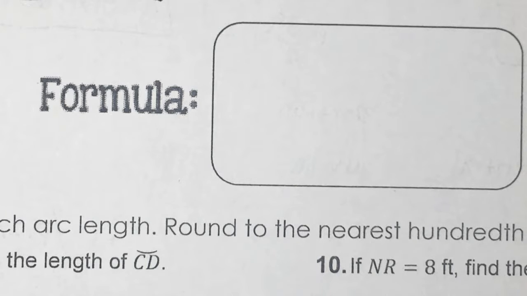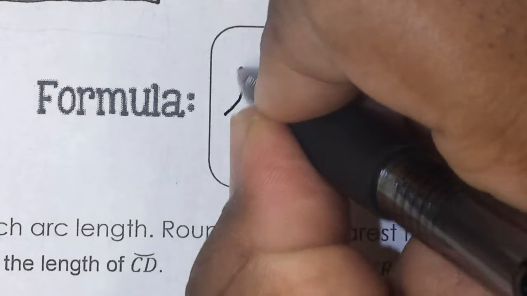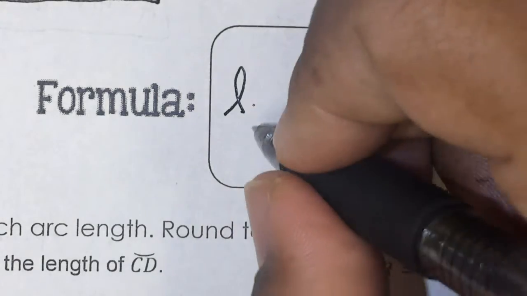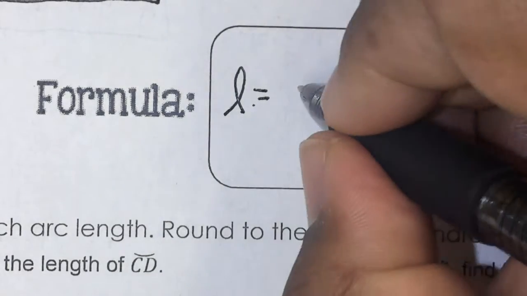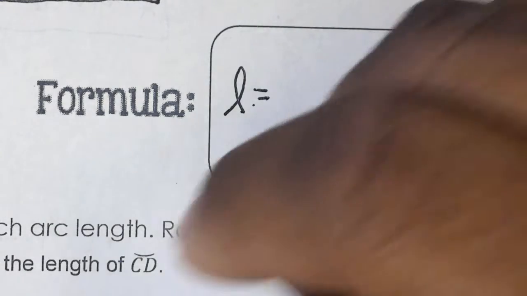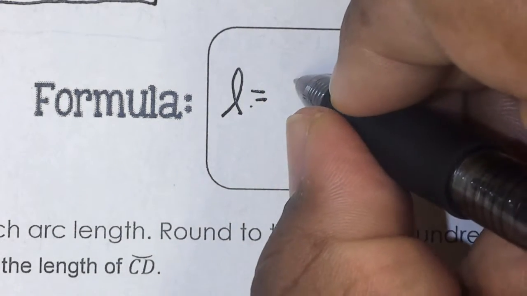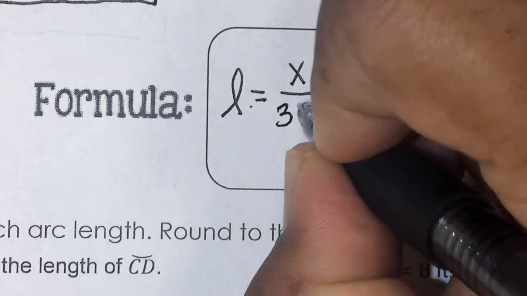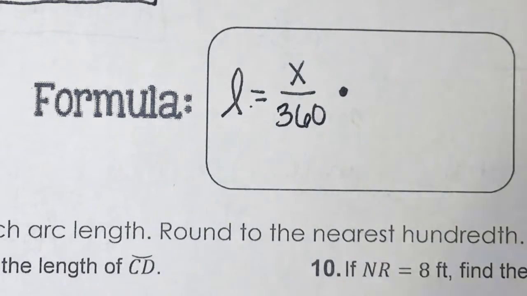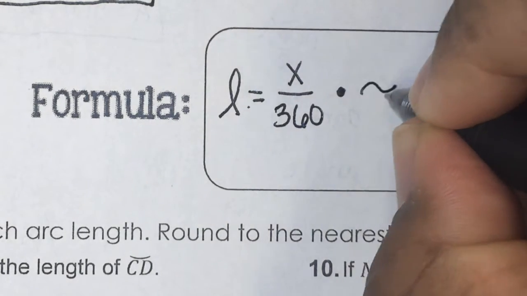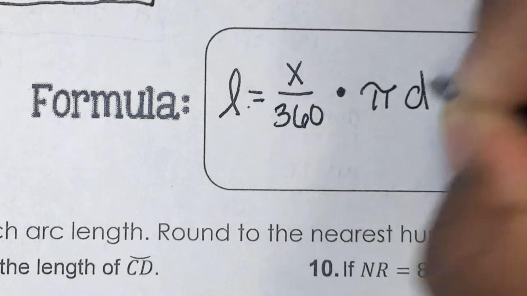Now, listen. It's the same process except I'm multiplying my fraction times the circumference this time, which would be pi times diameter. So the formula for arc length is cursive L equals X over 360 times the circumference, which is pi times diameter.